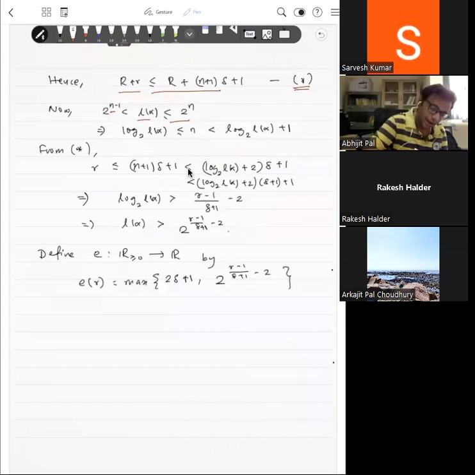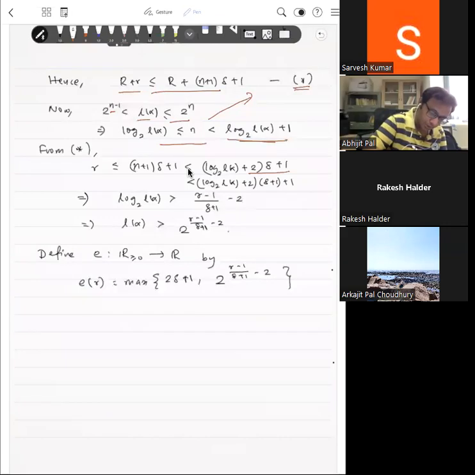Now if I take log base 2 on all sides, we have this thing. Now you put this into this equation. So R is less than or equal to n plus 1 delta plus 1, and n is less than this thing, which I have put here.